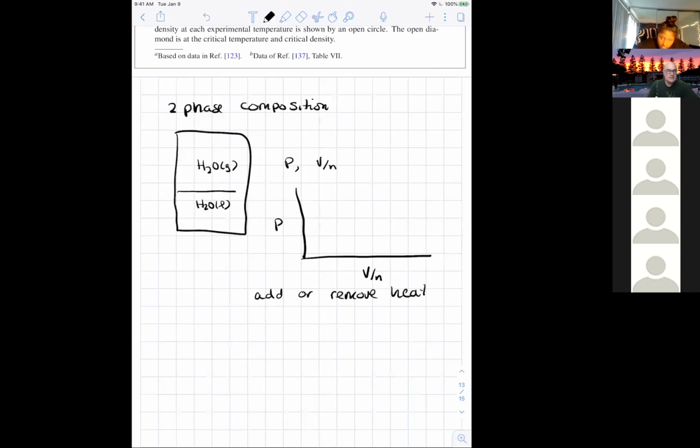Now, notice I'm not saying temperature. I'm not changing the temperature. If we do this right at the boiling point, we're going to have a point where we have liquid over here, pure liquid. And if we add heat, we're going to start boiling it. So that's going to be this point A.